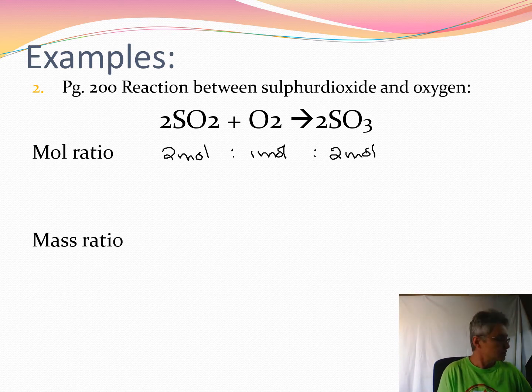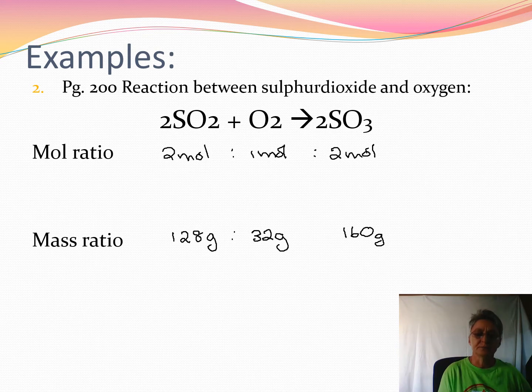The mass ratio will give you 2 times 64. So that is 128 grams of sulfur dioxide needs 32 grams of oxygen, and it will give us 160 grams of sulfur trioxide.